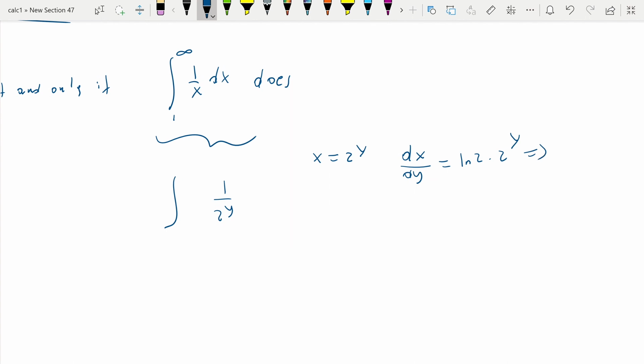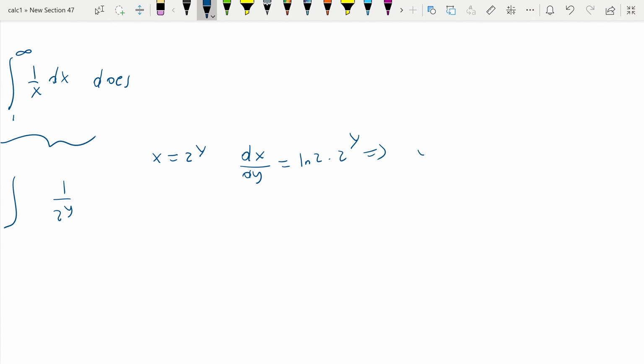Meaning I can move this thing: dx is natural log of 2 times 2 to the y dy.